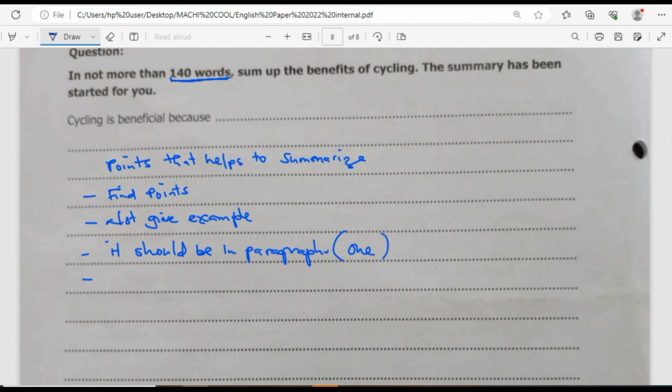And then the other one is you have to link your points. Points should be linked to each other so that the reader can understand what you are talking about. So summary is very simple. You can get all the marks that you are given on this part.